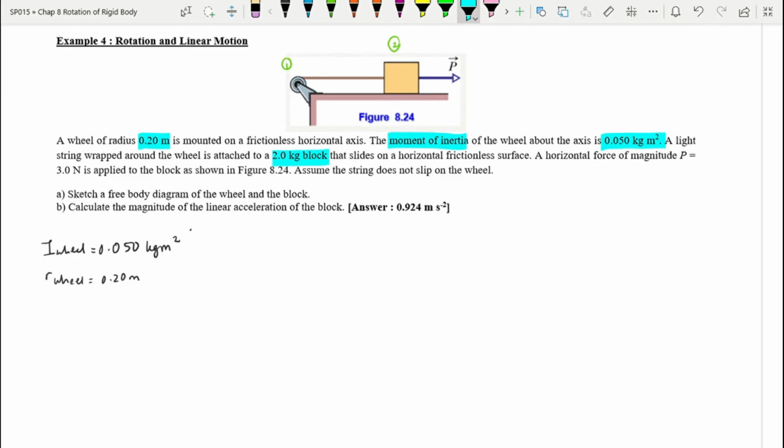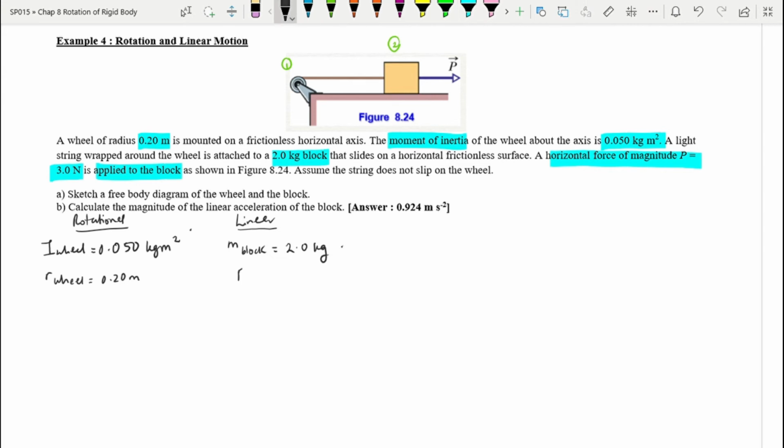So kita tahulah ini adalah rotational motion. Kalau linear, kita kena fokus kepada block tu lah. So basically kita ada mass of the block, which is 2.0 kg. Lepas tu apa lagi dia kata? A horizontal force of magnitude P, 3 Newton is applied to the block as shown in the figure 8.24.